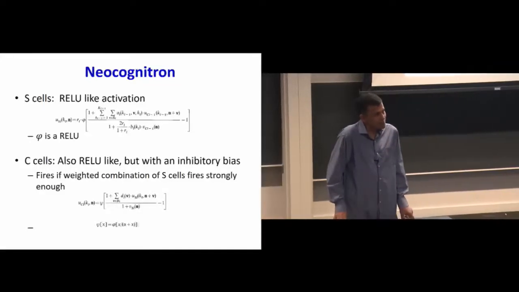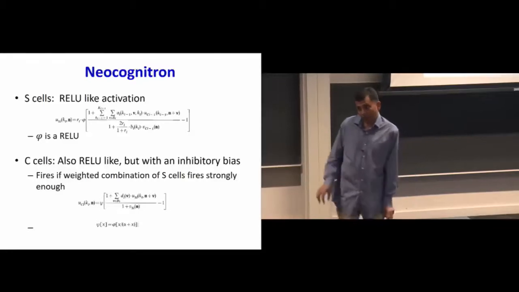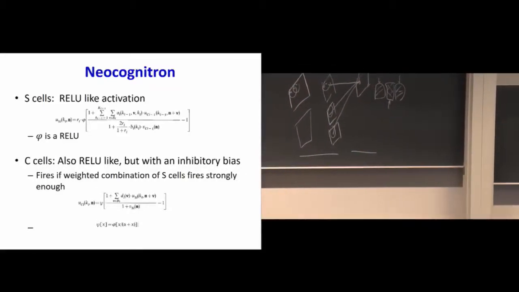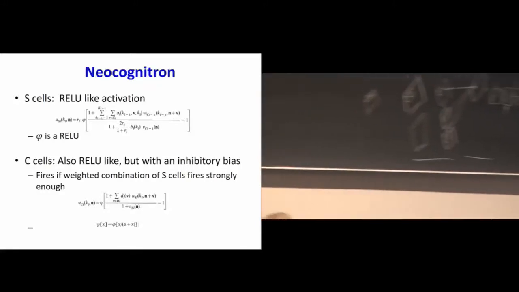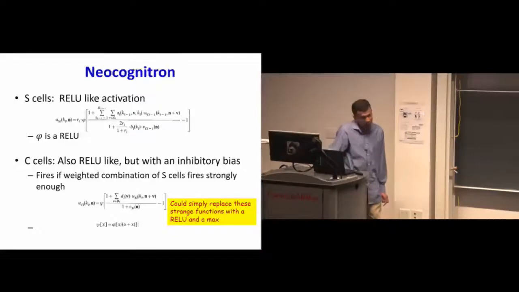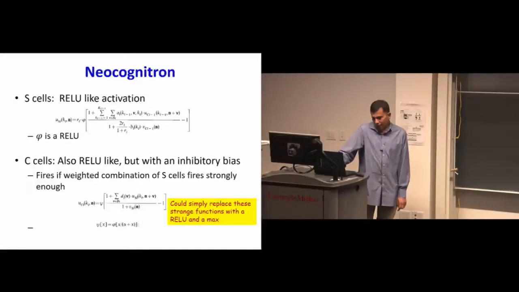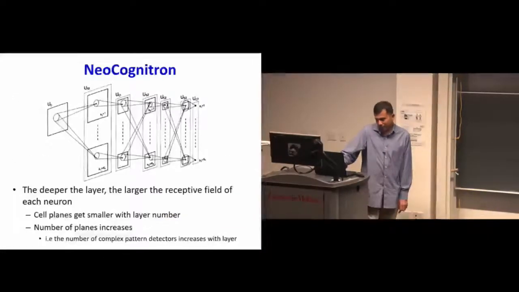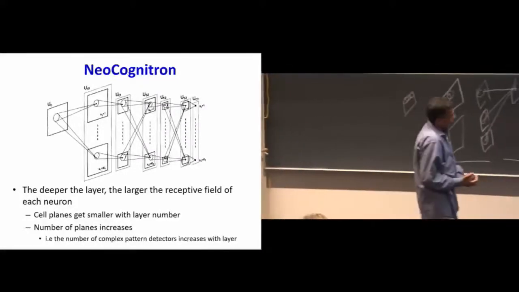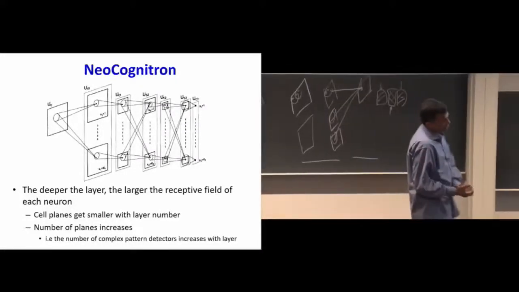But it turns out that the C cells really are just performing a max operation. They're picking up the maximum of the inputs in a small group of S cells. So you could simply replace these with ReLU and a Max. So this entire architecture was what he called a neocognitron.